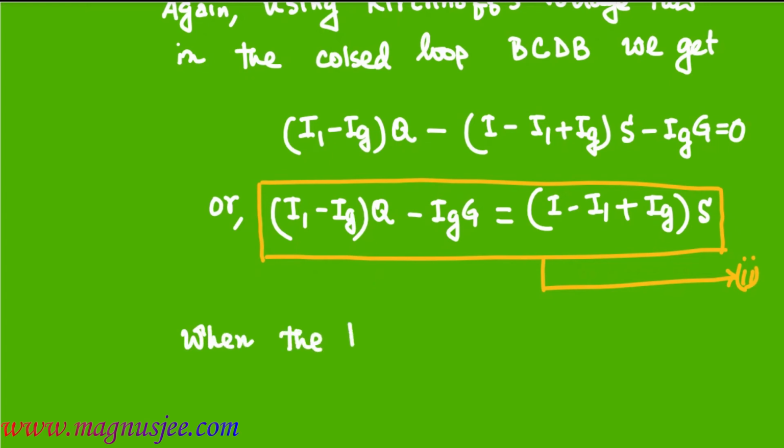When the bridge is balanced, the galvanometer G shows no deflection.